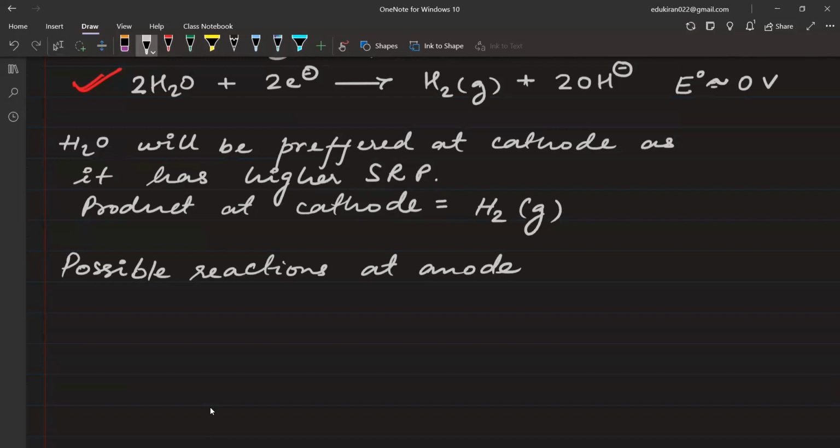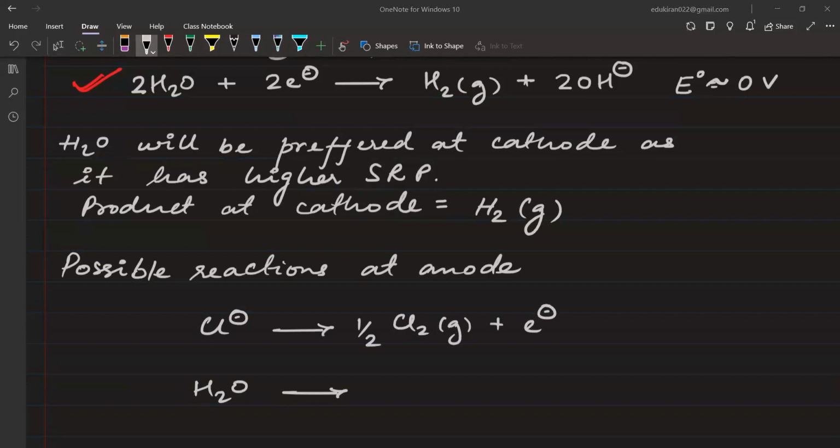Possible reaction at anode. At anode you have either Cl negative, which can give you half Cl2 gas and an electron, or we can have H2O oxidation. What happens at anode? Oxidation, and when oxidation occurs, oxygen gas is produced. O2 will be produced, plus you will get 4H plus ions, 2H2O will be there, and you will get 4 electrons, not 2, to balance this.